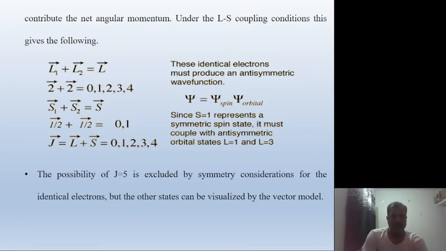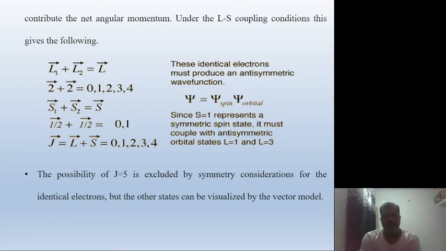Then the spin S1 plus S2 is equal to capital S. The first spin is plus half, plus half is equal to 1, then half minus half is equal to 0. There are two possible values, 0 and 1. Therefore, J is equal to L plus S. The values are 0, 1, 2, 3, 4 and so on.